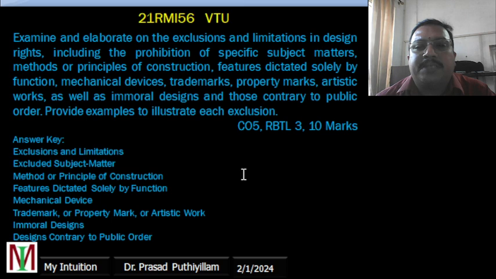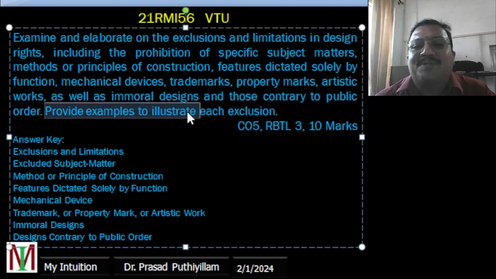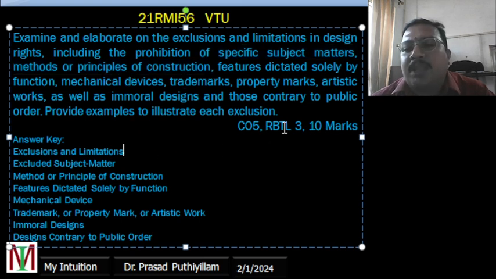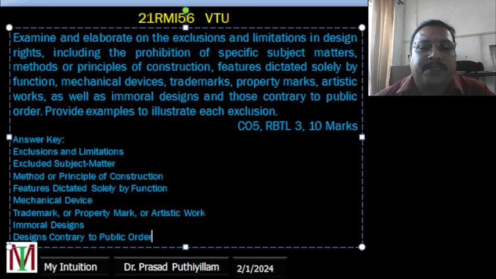The question is framed: examine and elaborate on the exclusions and limitations in design rights, including the prohibition of specific subject matters, methods or principles of construction, features dictated solely by function, mechanical devices, and provide examples to illustrate each exclusion. So the syllabus as such I covered. This is an RBT level 3 question, and the answer scheme is mentioned here.